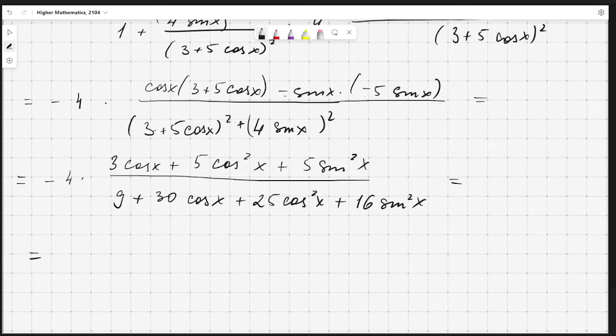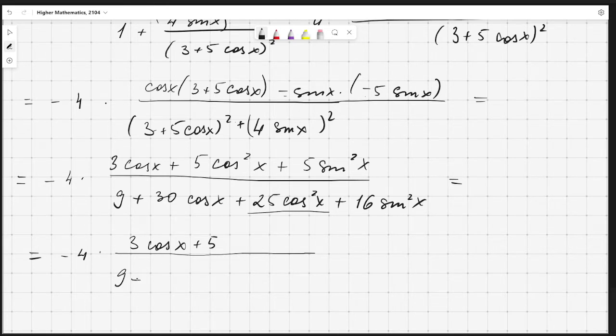Then calculate this. 5 cosine squared plus 5 sine squared is just 5. And we have minus 4 times 3 cosine of x plus 5 into the denominator. We will have 25 is 16 plus 9.